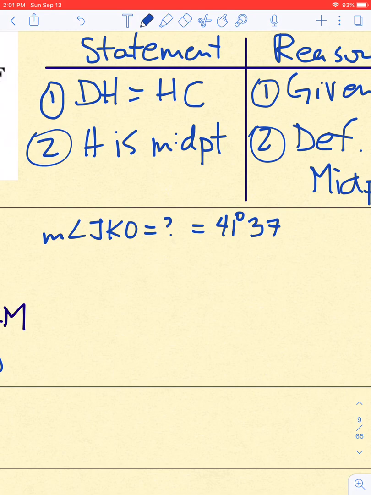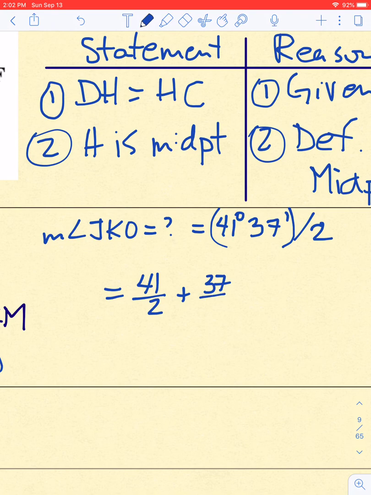So to do that, we're going to take 41 degrees, 37 minutes, and we need to divide it by 2. This is how we do it. I'm going to take 41 and divide that by 2, and then I'm going to take the 37 and divide that by 2. We'll do those 2 parts separately.